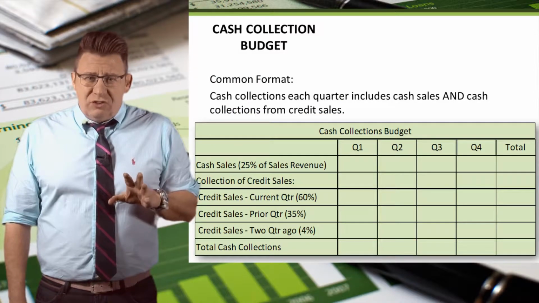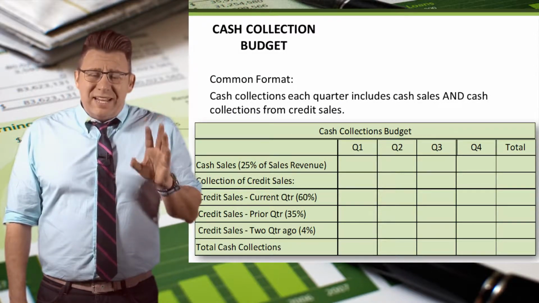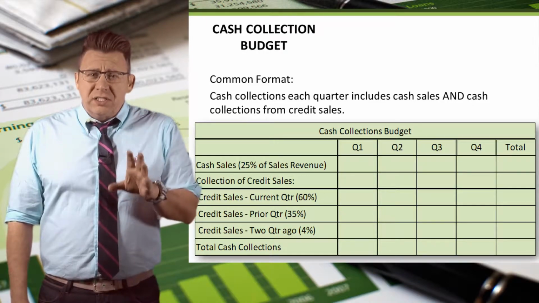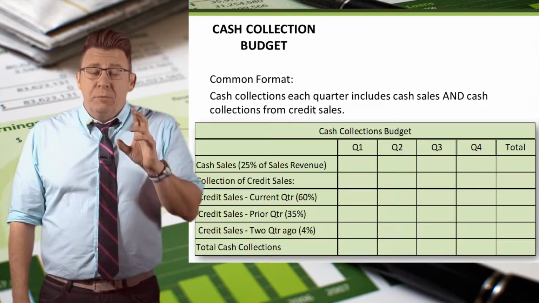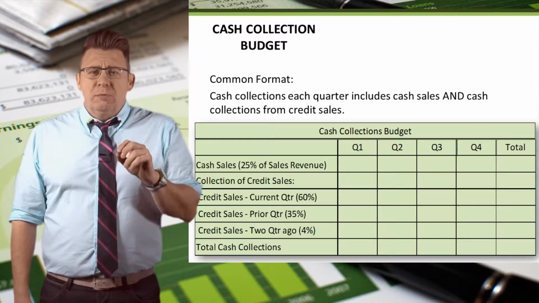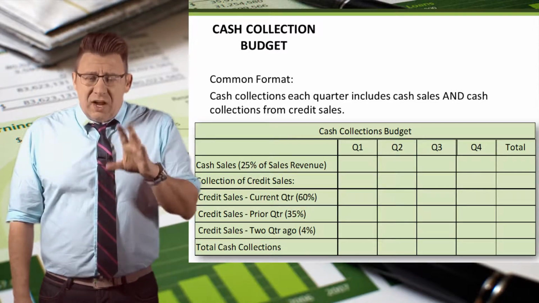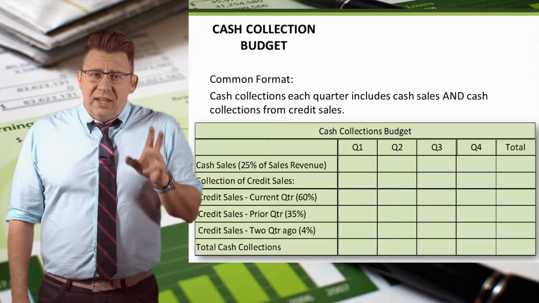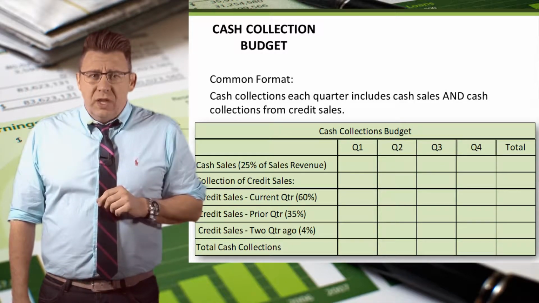Cash collections each quarter includes not only quarterly cash sales, but also cash collection from credit sales. In this example, let's assume that 60% of the current quarter's credit sales are collected in the same quarter.